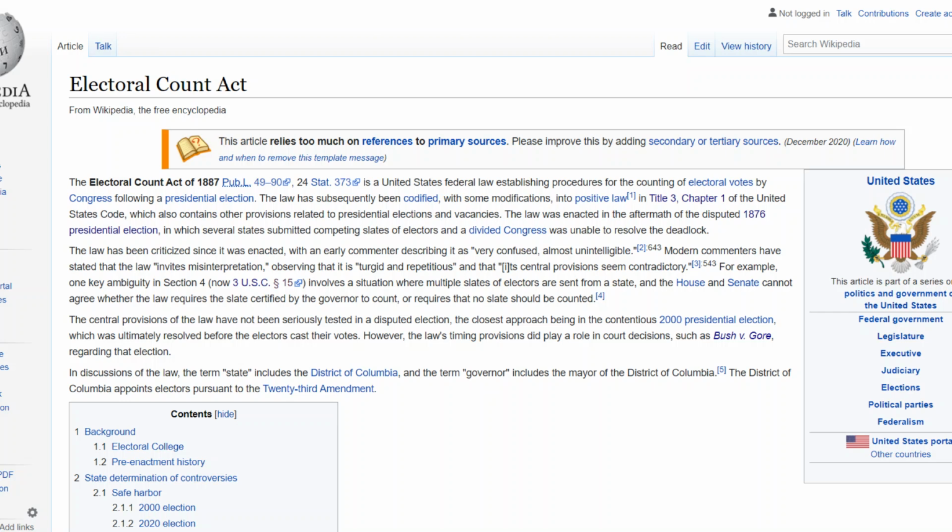It says, Congress shall be in session on the 6th day of January, succeeding every meeting of the electors.